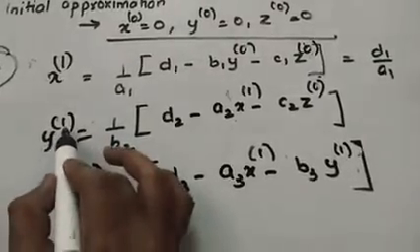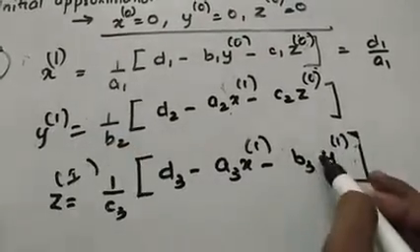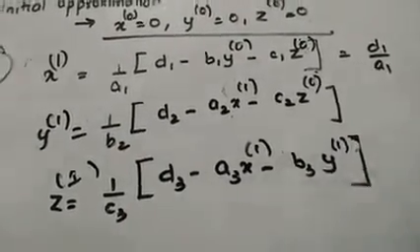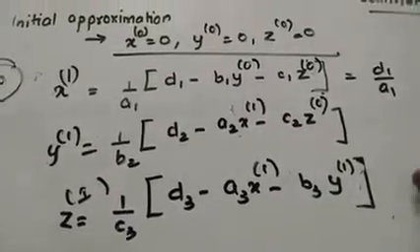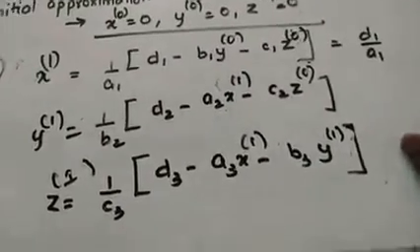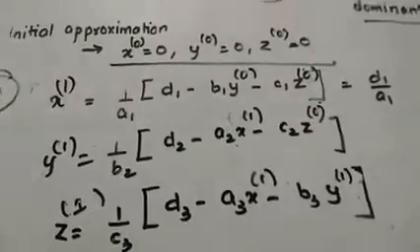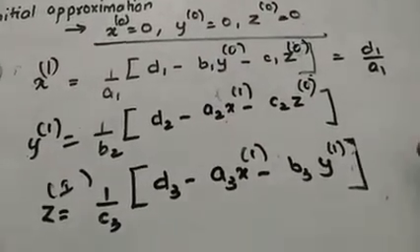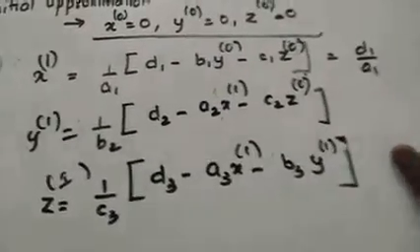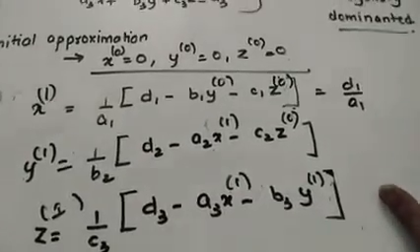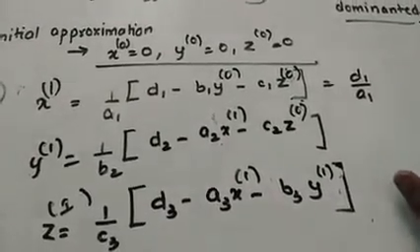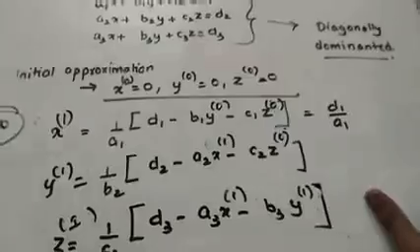We already found y1 in the same step, so we will use y1 here. So the cyclic procedure works in Gauss-Seidel. Rest everything is the same, the diagonally dominated procedure of solving the question, everything is the same, just a little change in the iteration procedure. Clear? So this is all about the Gauss-Seidel method.